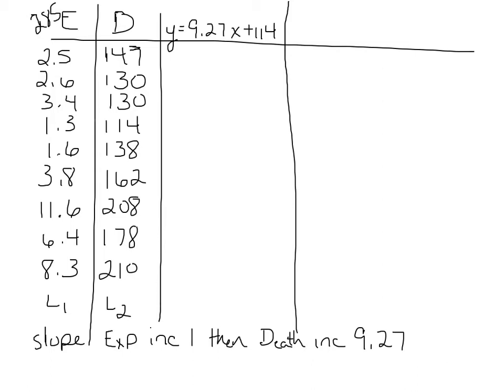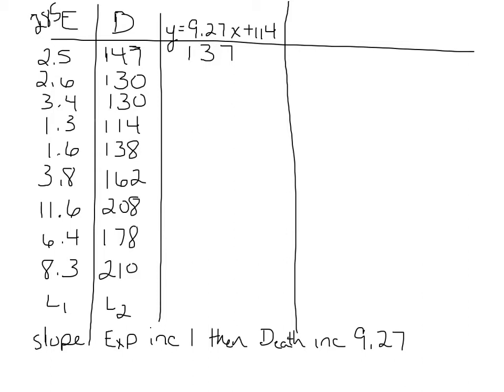To get a predicted amount, say we wanted to do for when the exposure is 2.5, you just use your equation. So 9.27 multiplied by 2.5 plus 114, and that will give you your predicted amount of 137. Now, it could be a question that just asks for the predicted amount, or you might have to fill in this whole sum of squared residuals table.